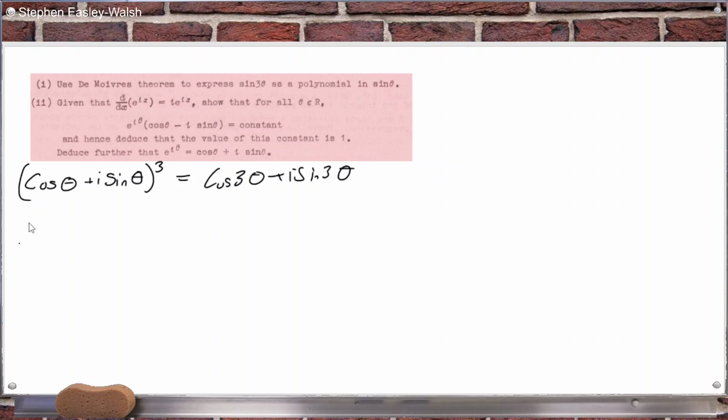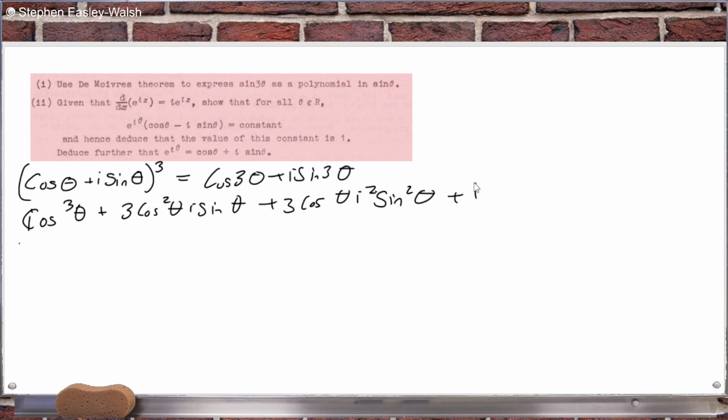So I'll expand it first. That becomes cos cubed theta plus 3 cos squared theta i sine theta plus 3 cos theta i squared sine squared theta plus i cubed sine cubed theta, which is equal to cos 3 theta plus i sine 3 theta.